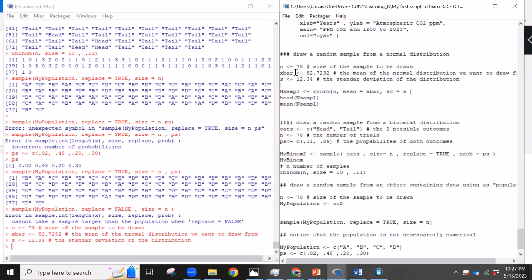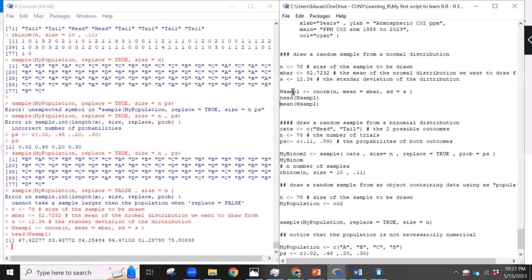We're going to call s the standard deviation of that normal distribution. And then we're going to generate a random sample using the function rnorm, which takes the size of the sample, the mean, and the standard deviation of the normal variable that we want to draw from. That's why we're setting these here.